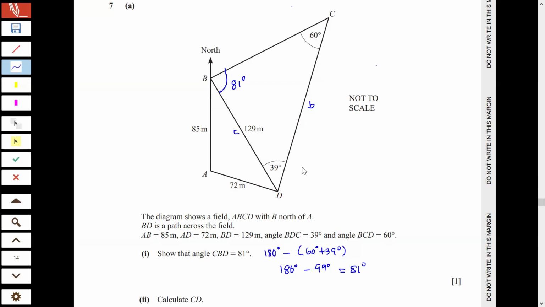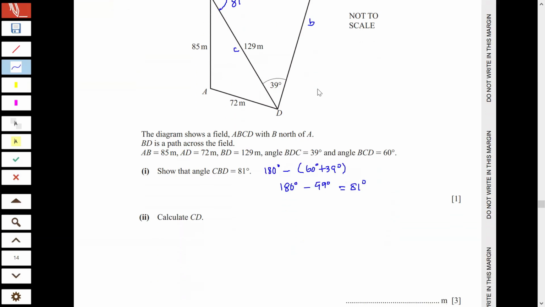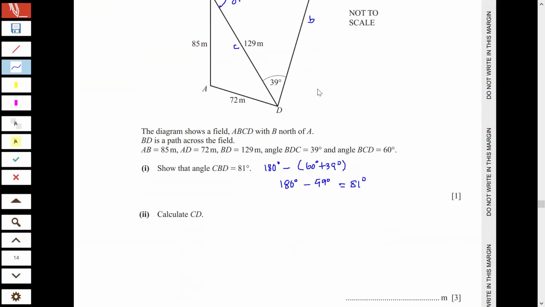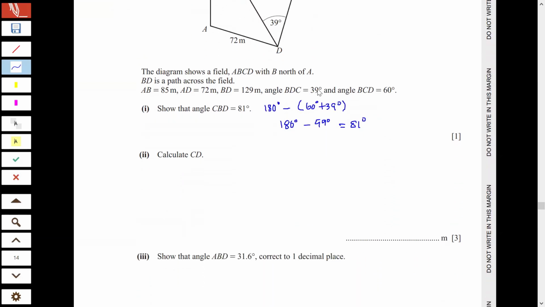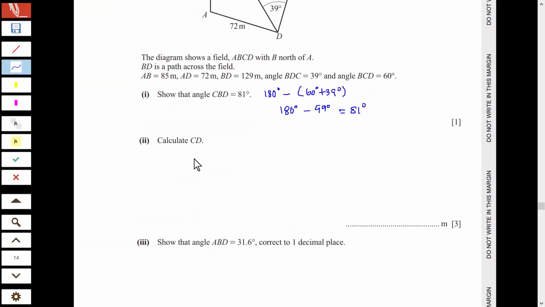The side b is not given, but the angle B is given. So we can apply the sine rule, which states that b over sine B is equal to c over sine C.